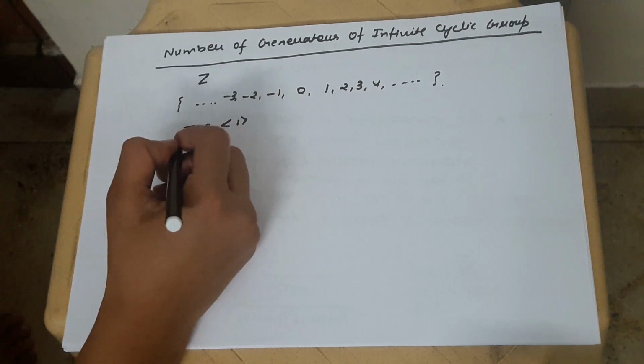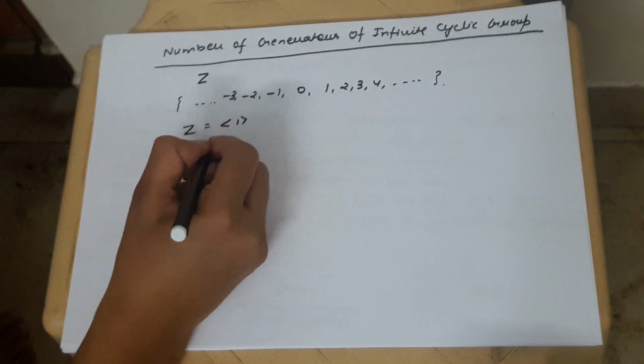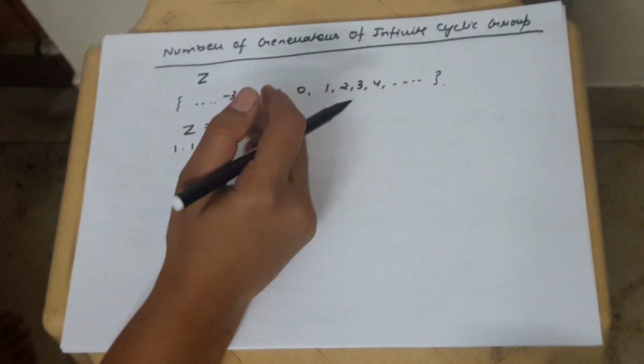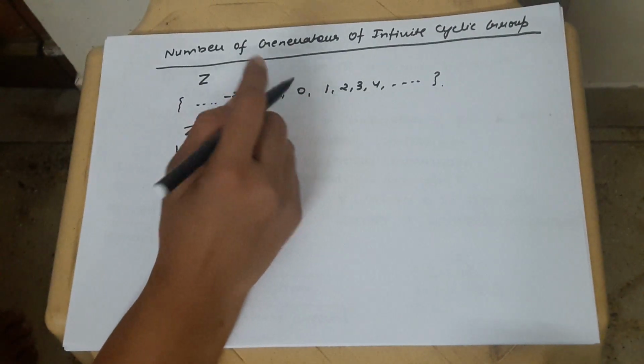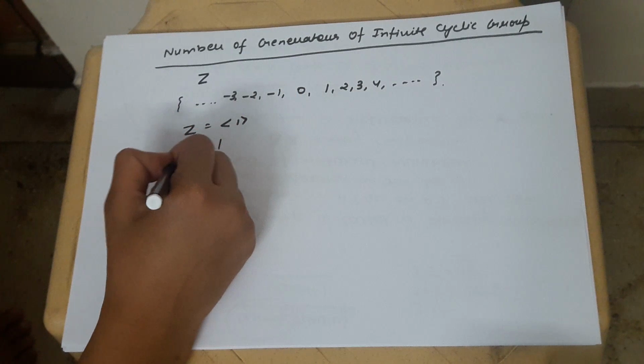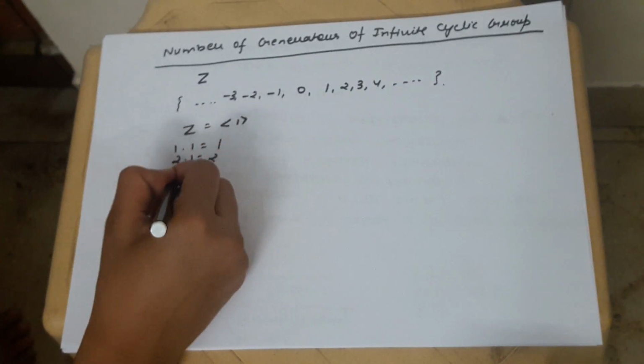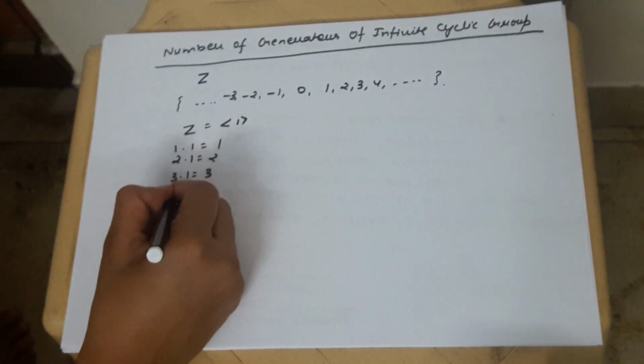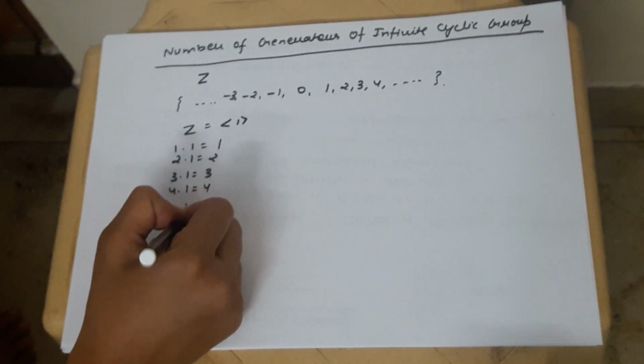How? Because here 1 into 1 is 1. Every element of Z is expressible as an integral multiple of 1. Now 2 into 1 is 2, 3 into 1 is 3, 4 into 1 is 4 and so on.